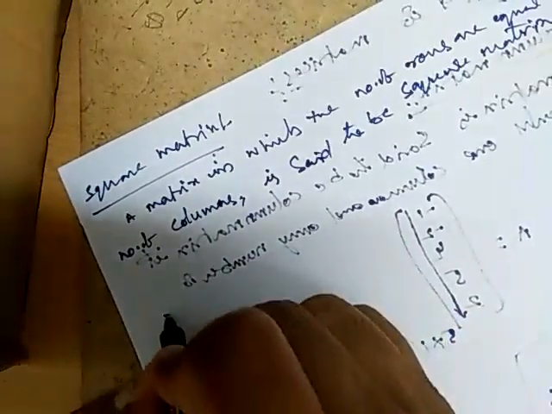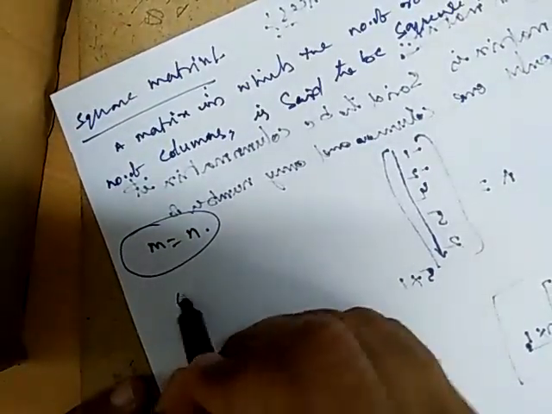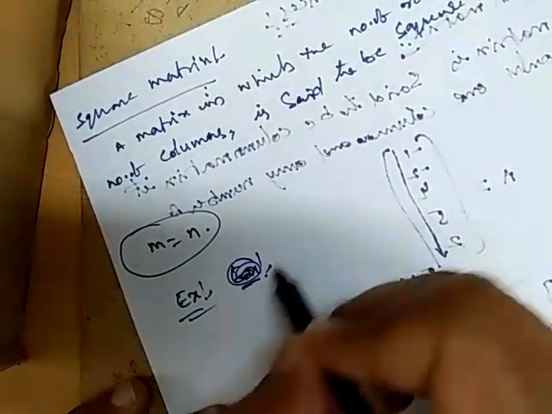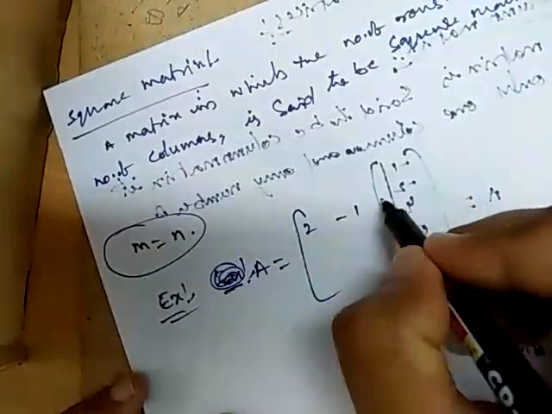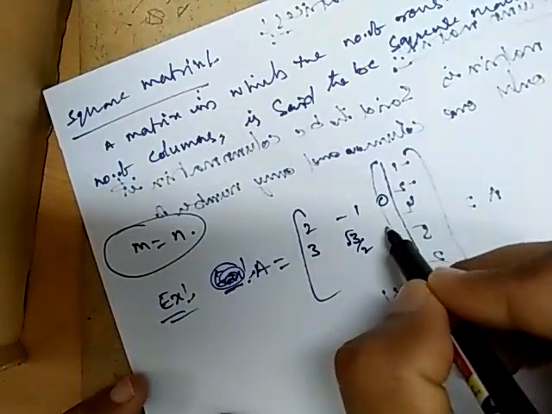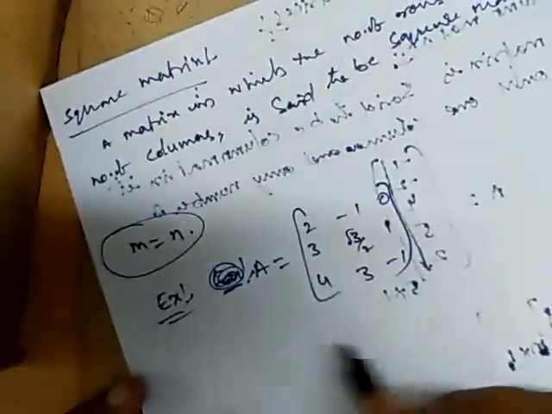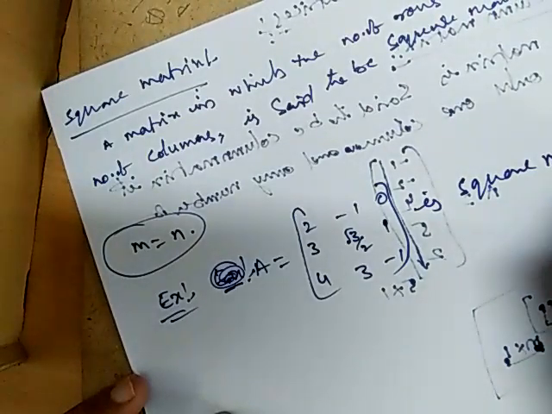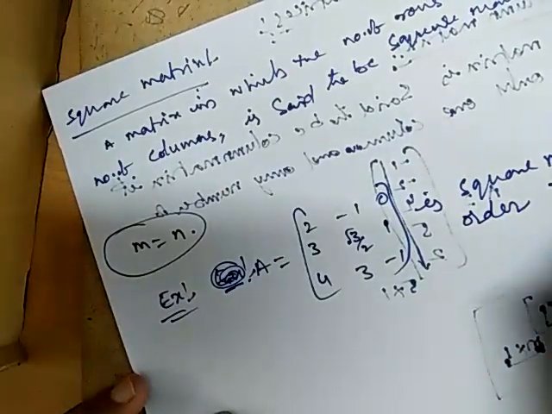Therefore, m equals n. Number of rows is equal to number of columns. For example, A equals 2 minus 1 0, 3 root 3 by 2, 1 4 3 minus 1. This is a square matrix of order 3 by 3.